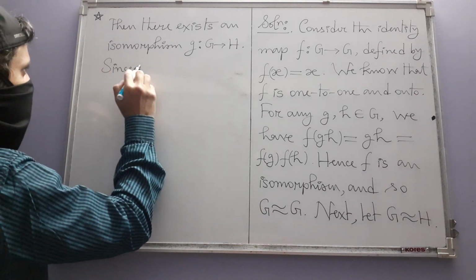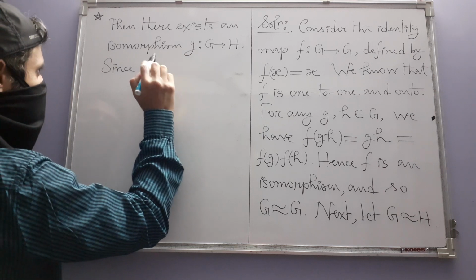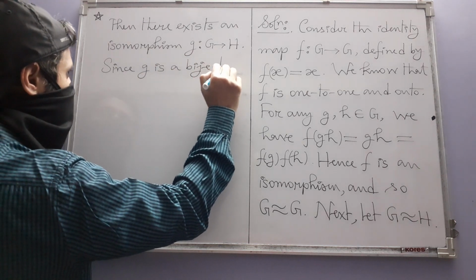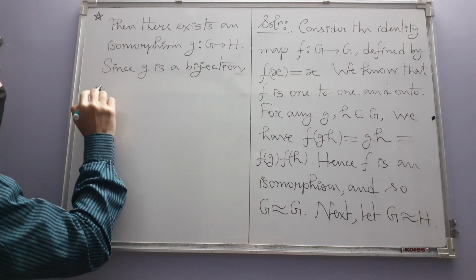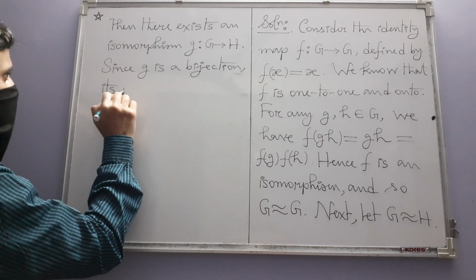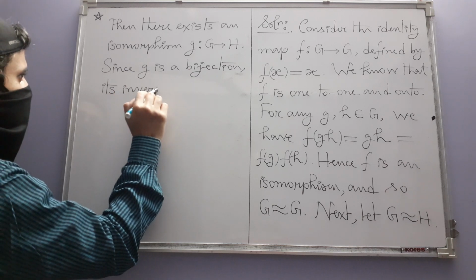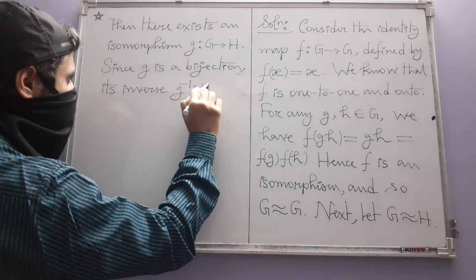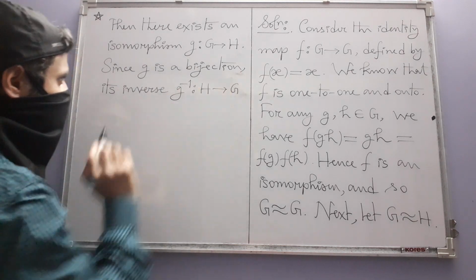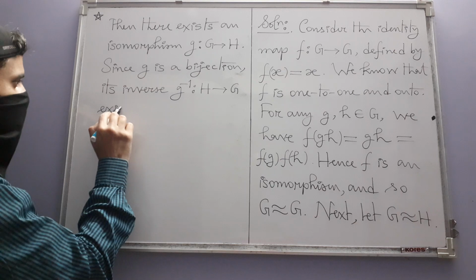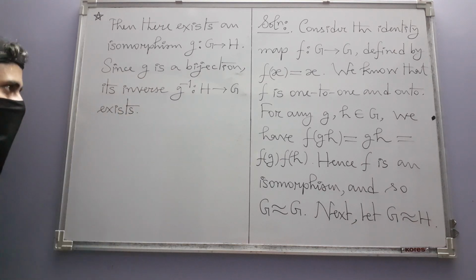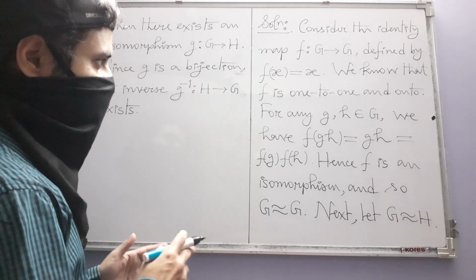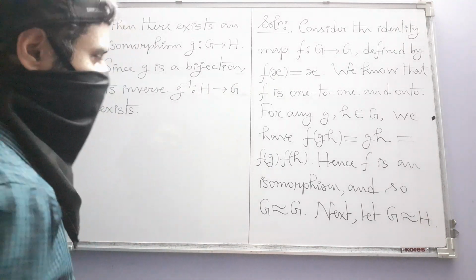Since g is a bijection, its inverse, g inverse, which is a map from H to G, exists. We will now show that this g inverse is also an isomorphism.